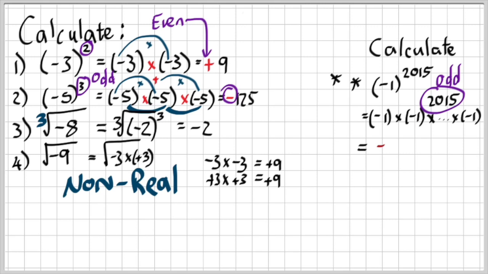Times by 1 is 1. So no matter how many times I multiply 1 by itself, the answer is going to be 1. So my answer is negative 1. There you've done such a beautiful, amazing bit of investigation. And this, ladies and gents, you can hold fast and study and take with you for as long as you live.